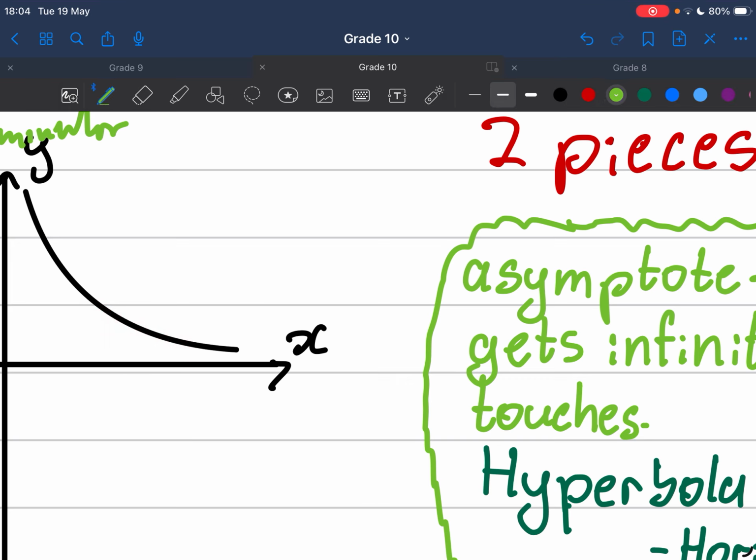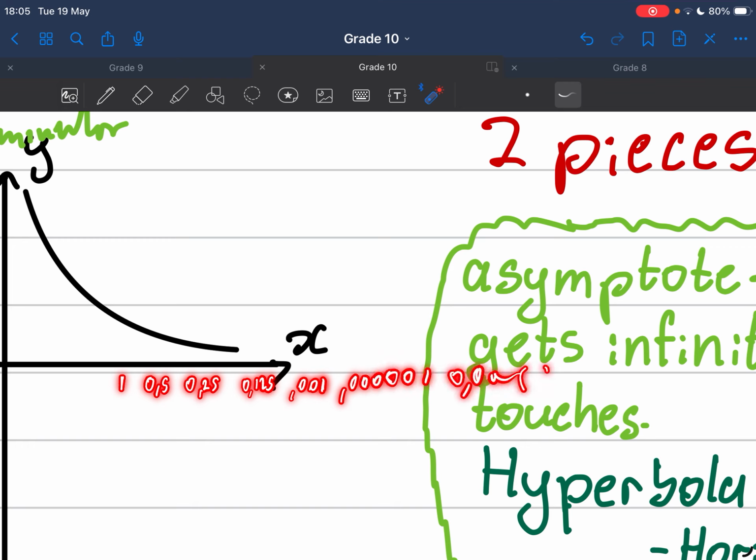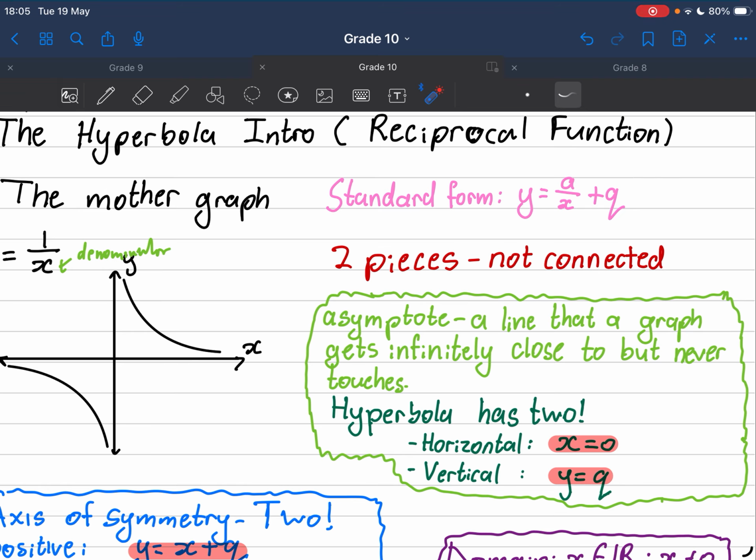So if you started off at 1, then you have 0.5, then 0.25, then 0.125, then 0.01, then 0.00001, and then you get this tiny number, meaning that line is so close to the axis, but it still never touches. There's still an infinitely small distance between that graph and the x-axis. So that is the concept of an asymptote.